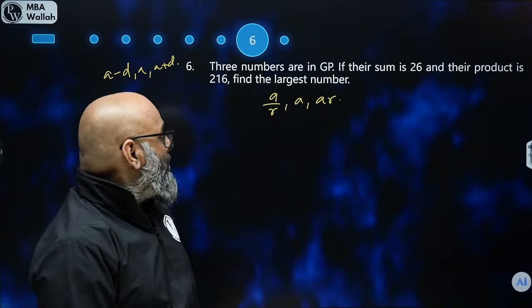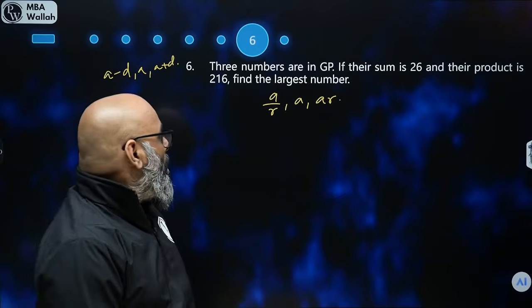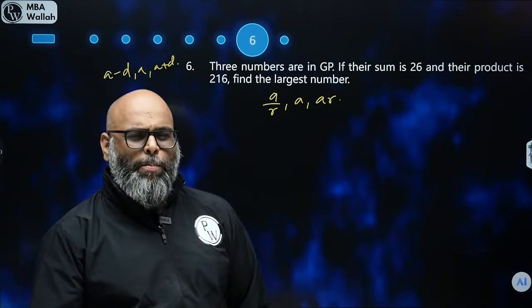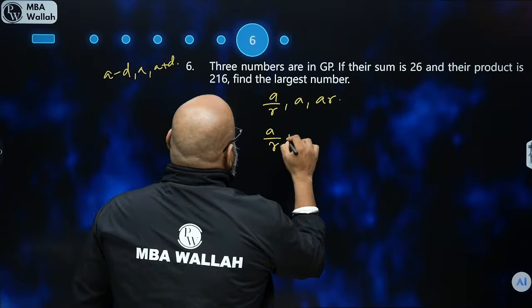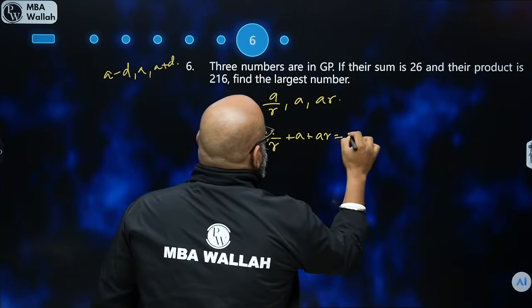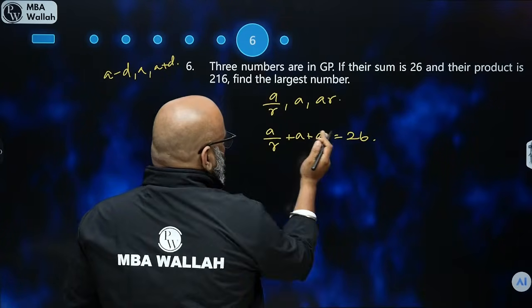So the first one says, if the sum is 26 and the product is 216. Sum is 26, product is 216. So let's do this. A by R plus A plus AR is equal to 26. We can take A common.